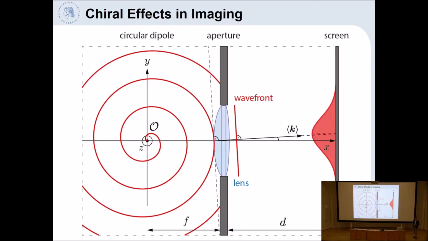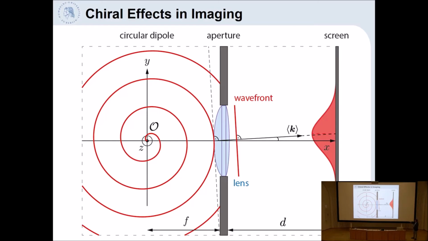So while this phase front, when you're far away from the emitter, looks more or less like a spherical wave, it turns out that since the emitter is just spinning, okay, the electric field is spinning, the phase front is actually not a spherical wave, but it is a spiral, okay? Because the perturbation propagates with the speed of light away from the emitter while the E field is turning. So that means that I get a spiraling phase front.